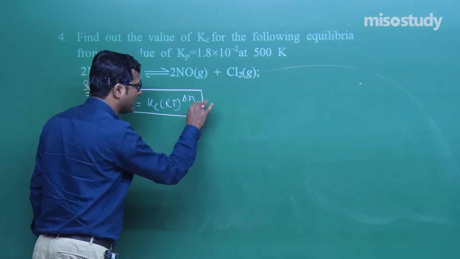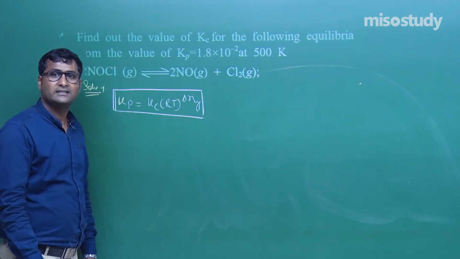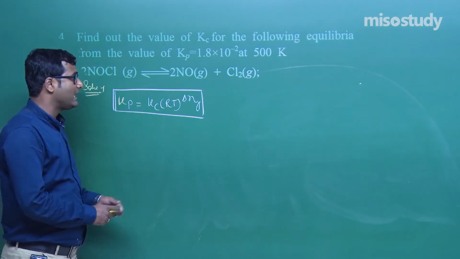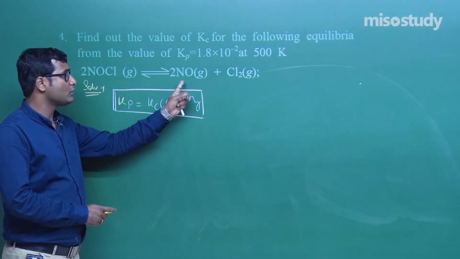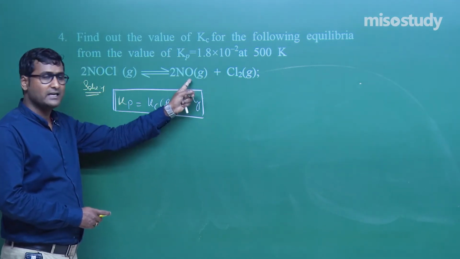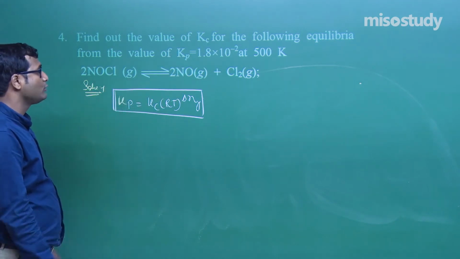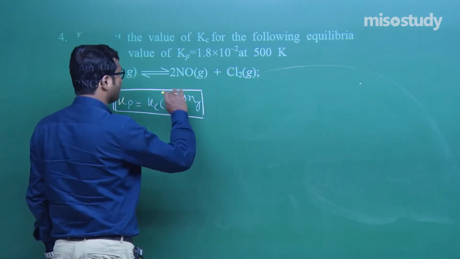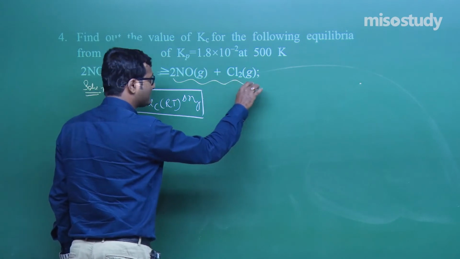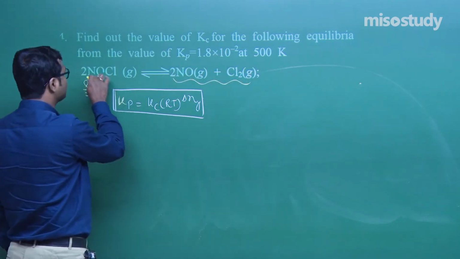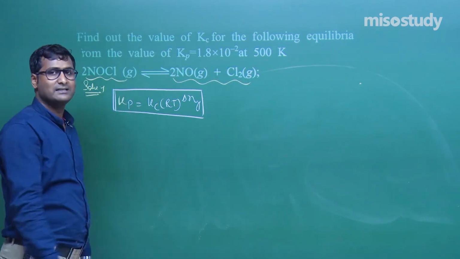What is delta n? It is not delta n, it is delta Ng: the number of moles of the gaseous product, right side, minus the number of moles of the gaseous reactant.